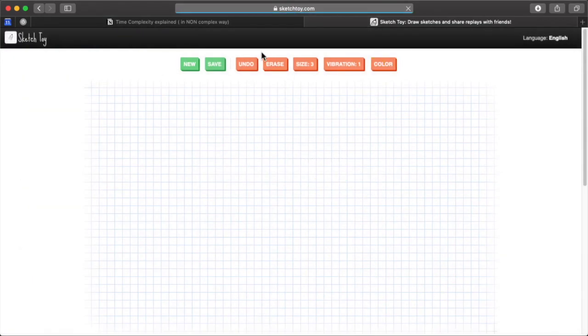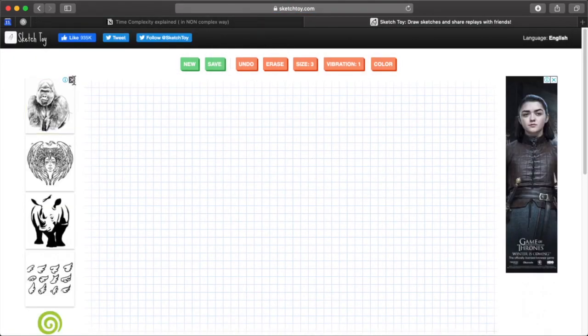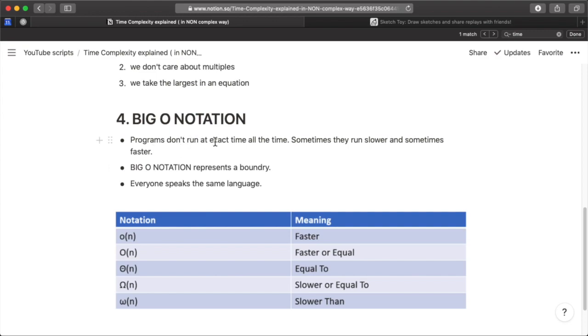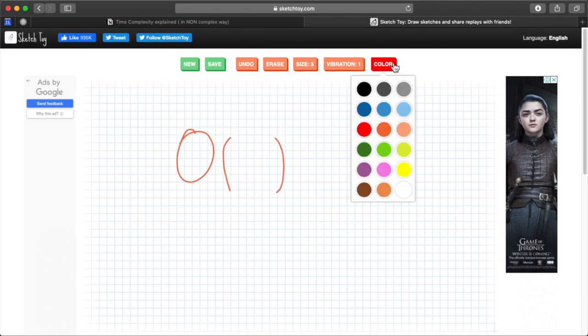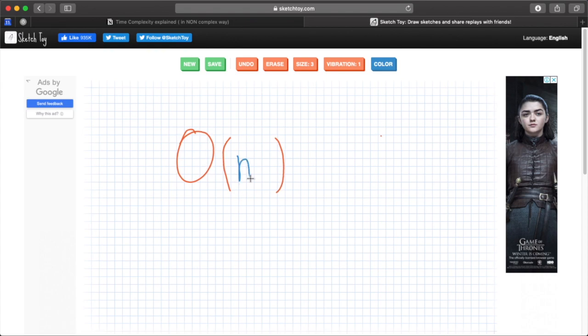So basically, let's go back to the notes. The big O notation represents a boundary. It's typed like this: O with parentheses, and here we write n, depending.